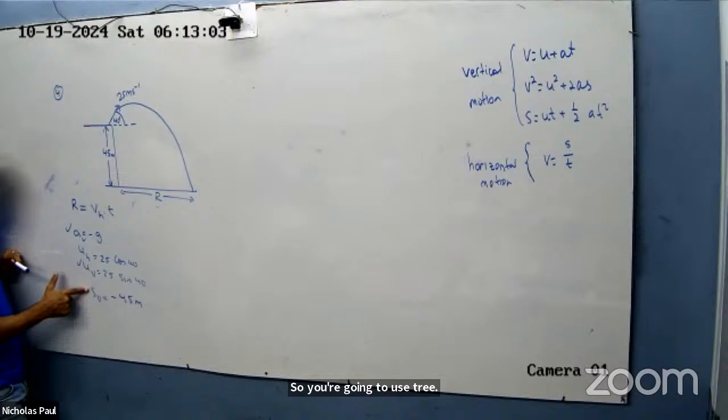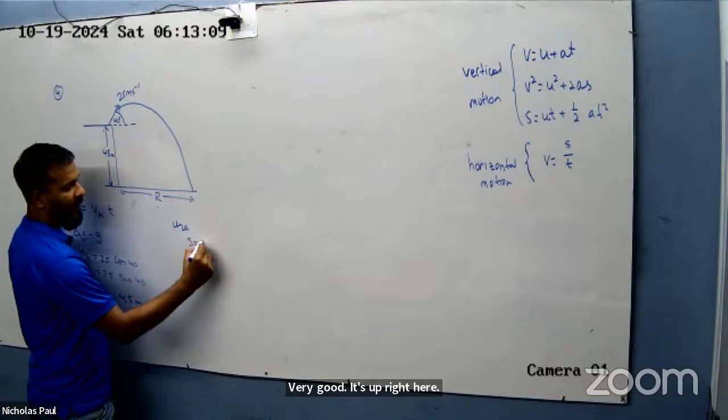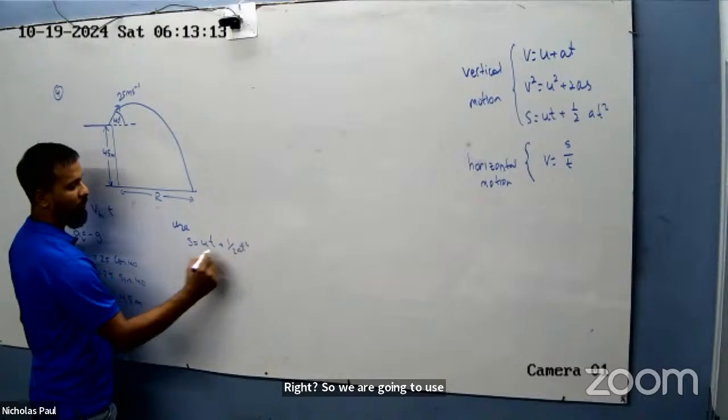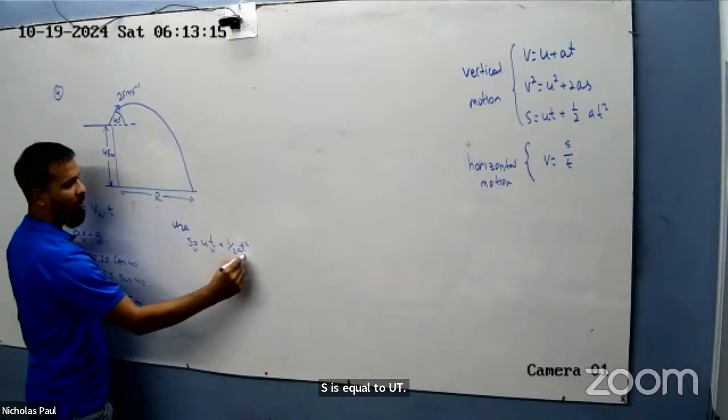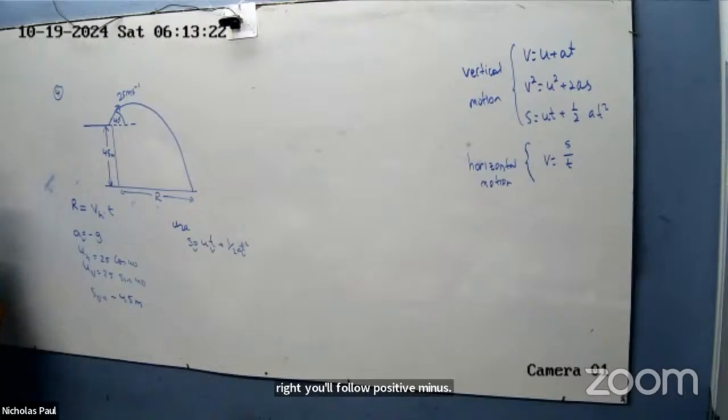So we are going to use S is equal to UT plus half AT squared. You follow why this is a minus? If you use a plus, you'd have gotten it wrong. It's important. Now you know it's a minus.